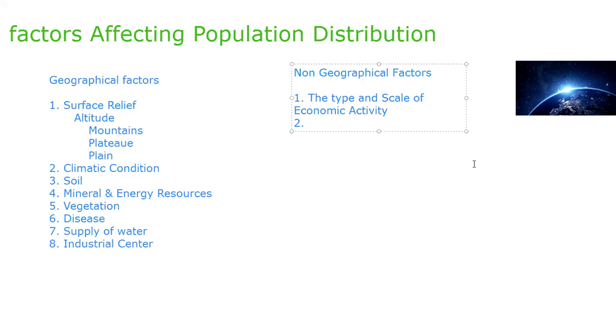If the economic activities are higher, like the service sector, and people are more educated and there are more industries and all types of good facilities, then there will be more population.